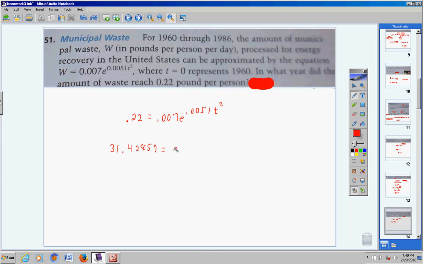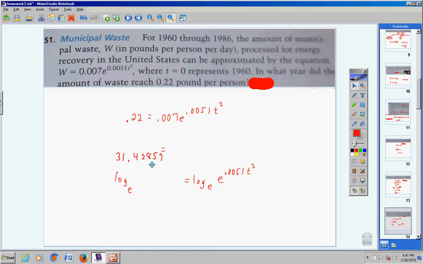On the right side, I'm left with e to the 0.0051 t squared power. Now that I've isolated my base and my unknown, I'm going to take the logarithm of both sides. The base of my unknown is e, so I'll put an e here and an e here. Bring down this entire right side and this entire left side.